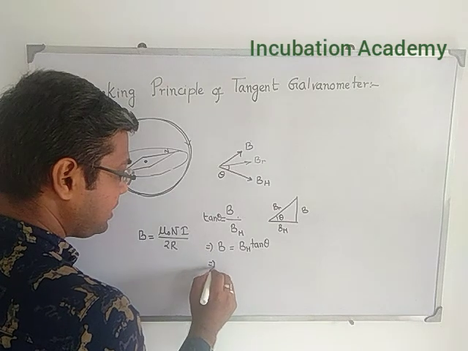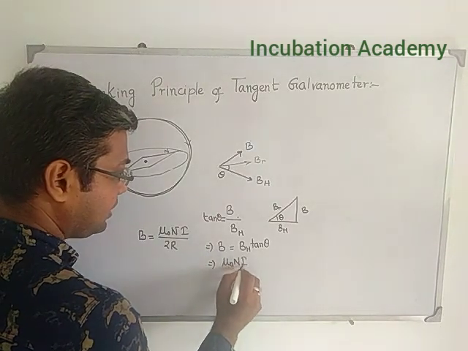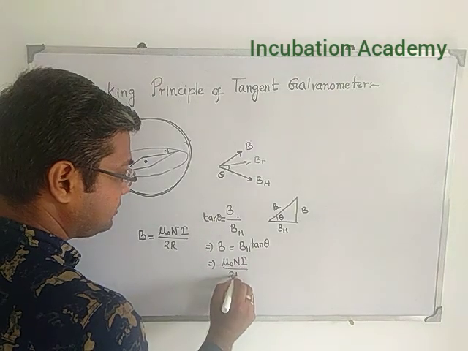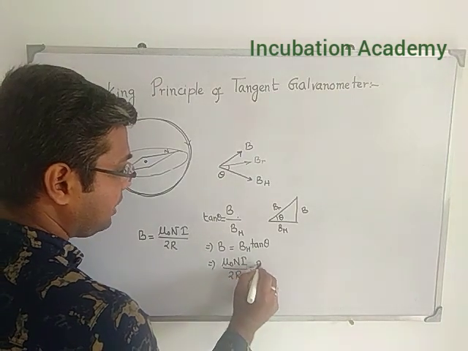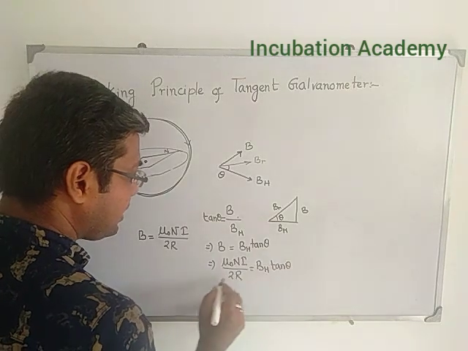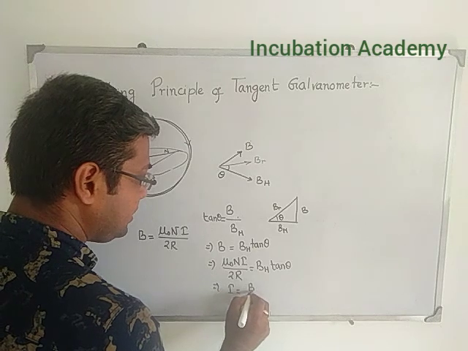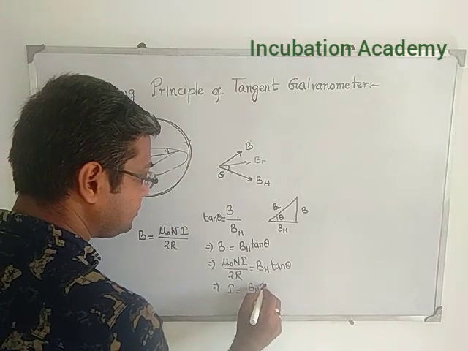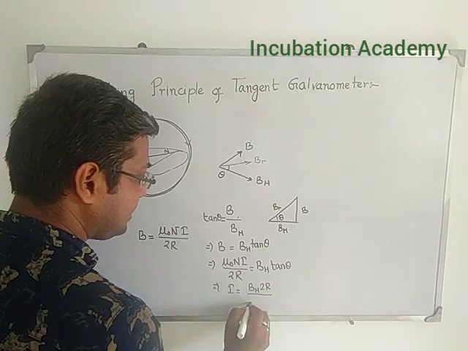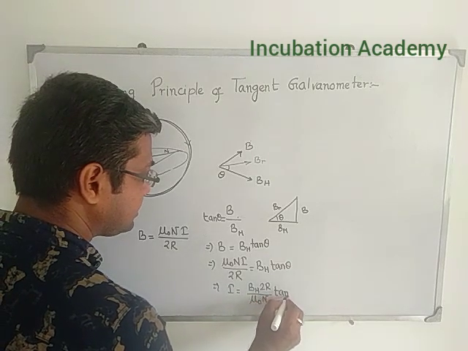What is this B? B is mu naught into capital N into capital I divided by 2 into R, equal to BH tan theta. Now if I find out the value of I, it will be BH into 2 capital R divided by mu naught into capital N into tan theta.